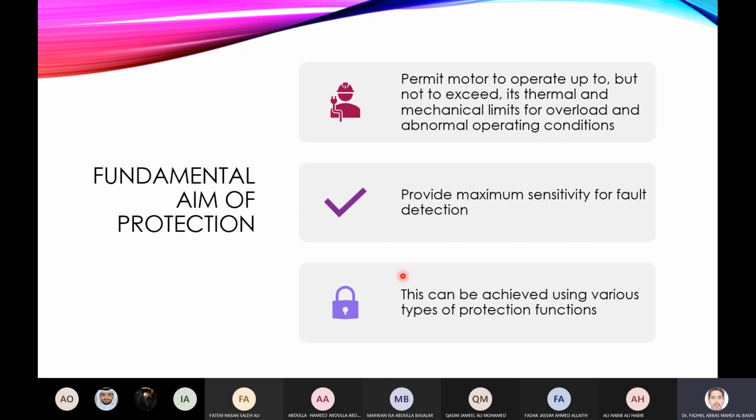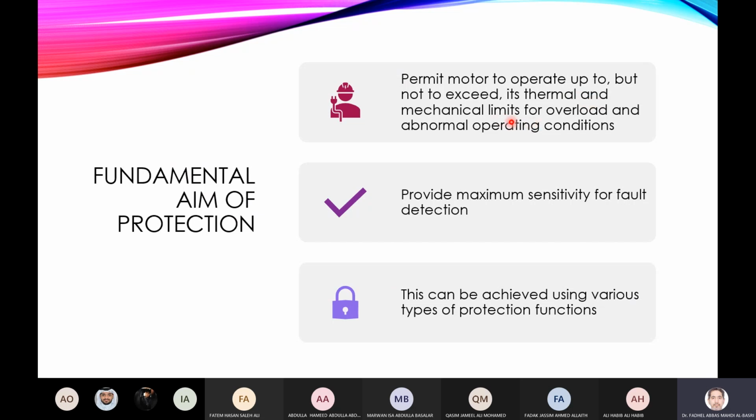What are the fundamental aims of any protection? We have three aims. First, you don't want to trip the motor for abnormal conditions. I want to permit the motor to operate up to, but not exceed, its thermal and mechanical limits.